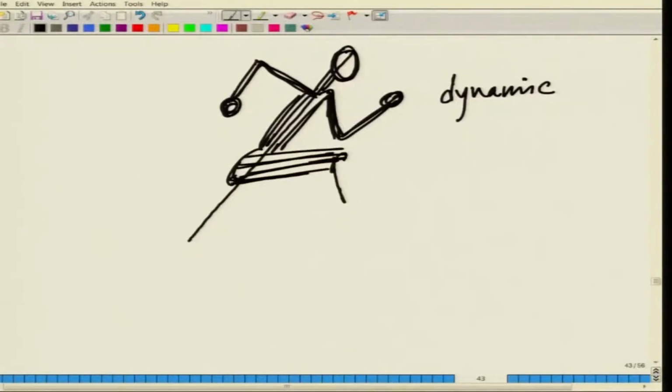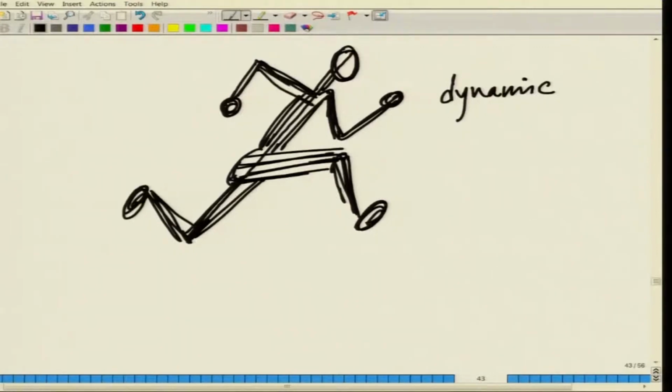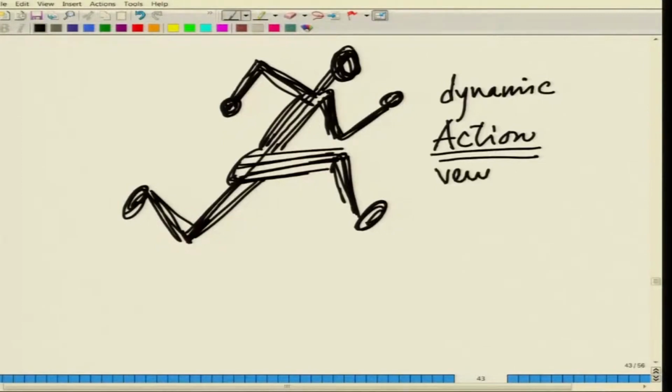One diagonal line, another one, another diagonal line here. So, with one or more diagonal line, we can give it an action. So, this form is actually very active. It is running.